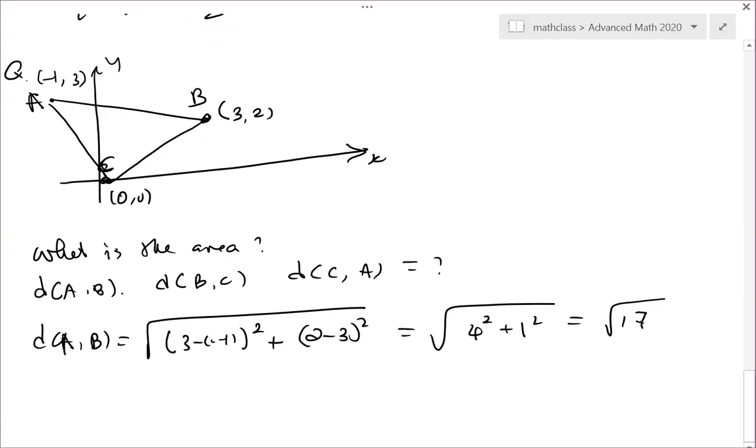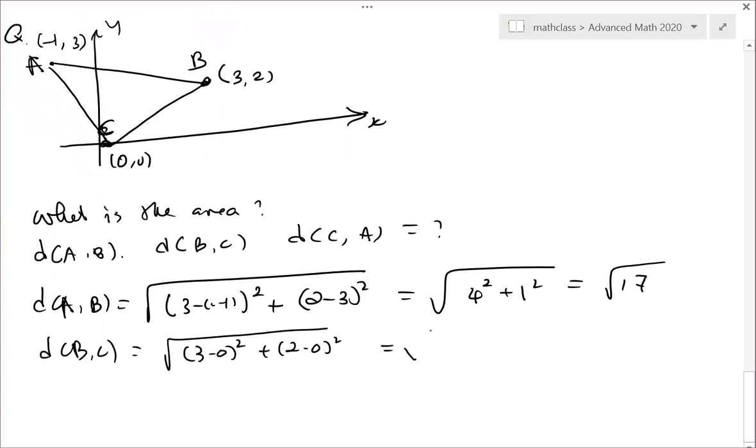It's not a very nice number. And the distance between B and C will be 3 minus 0 squared plus 2 minus 0 squared, because this is the difference of the corresponding coordinates, right? So it's going to be 9 plus 4, which is a better number. It's a rational number.